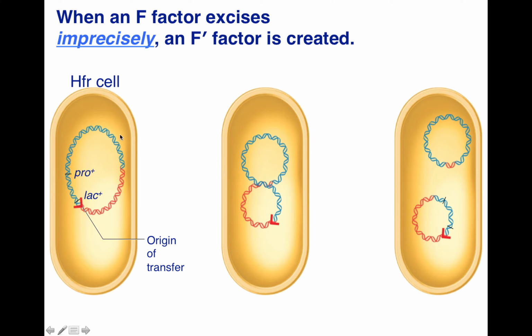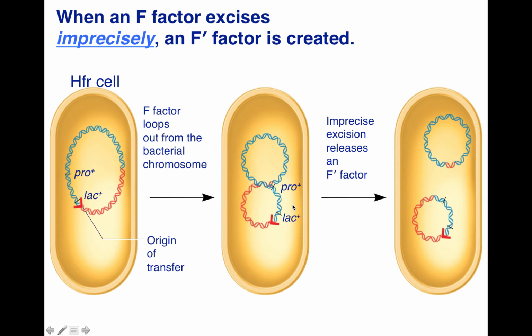So we have our HFR cell with an integrated F episome. If it loops out from the bacterial chromosome and carries with it some of the bacterial genes, it creates an F prime factor. So an F prime factor is an F episome that's carrying some bacterial chromosomal genes with it.